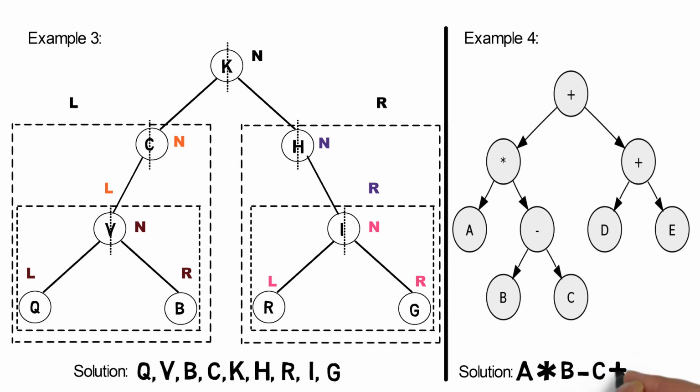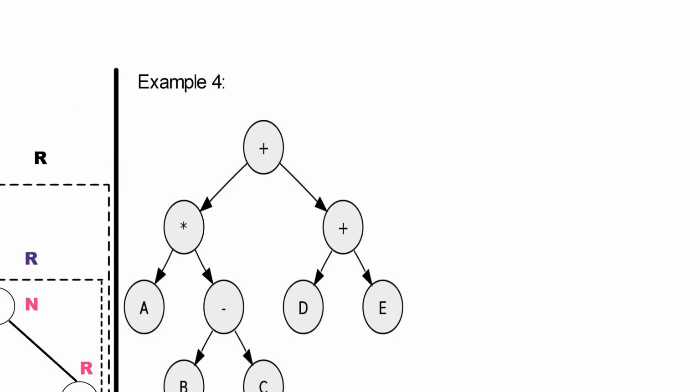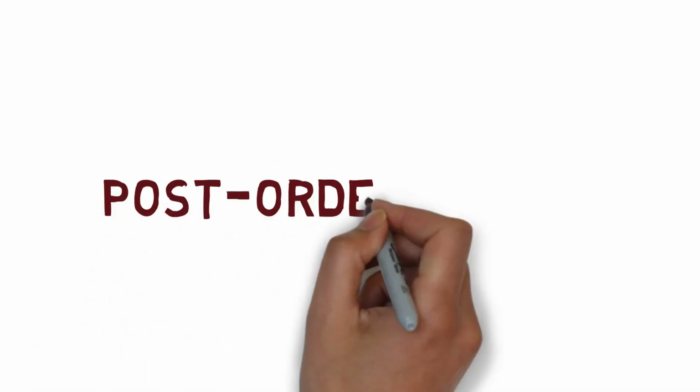Then we move to the right subtree of it. Then we easily traverse the tree as D plus E. Done. Now we go to our PostOrder Traversal.